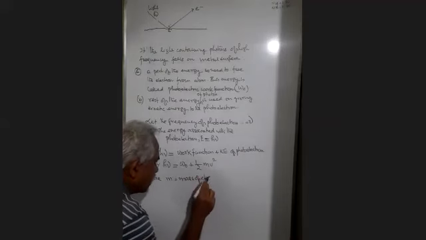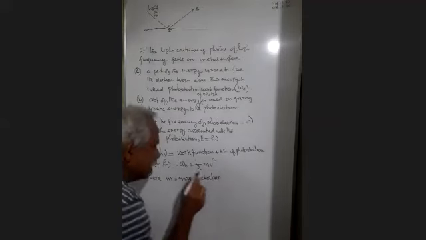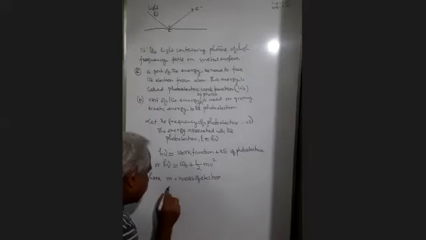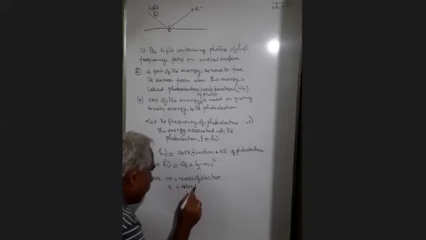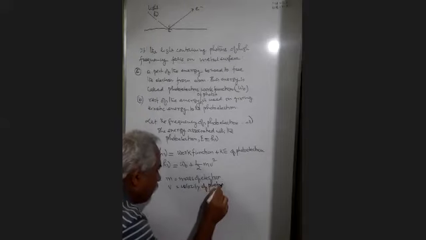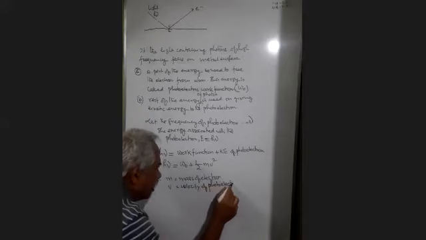All electrons have the same mass, so I need not write it as photoelectron. And v is the velocity of the photoelectron, or you can write electron.